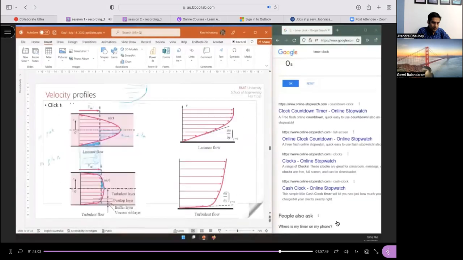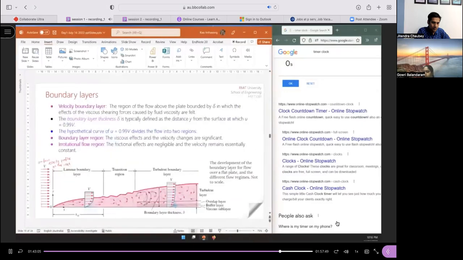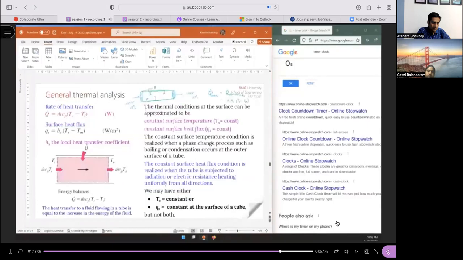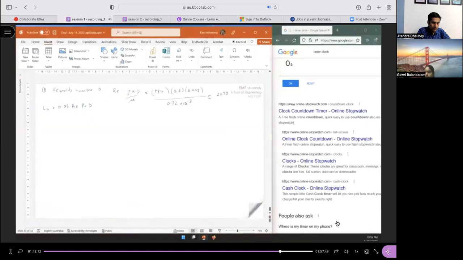Thermal, well, we don't have it in these slides, but you should have it for your thermal boundary layers. Hydro. So the difference between thermo and hydro is that we have the Prandtl number involved for thermal. For hydro, we have 0.05 Reynolds number, the diameter.